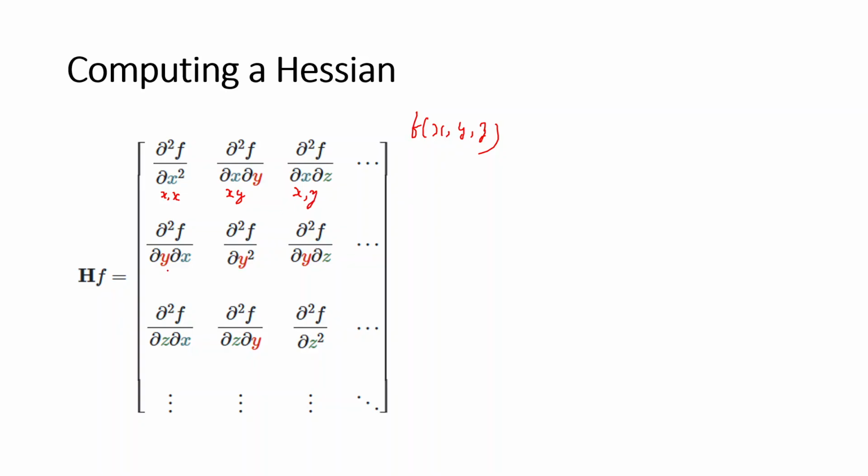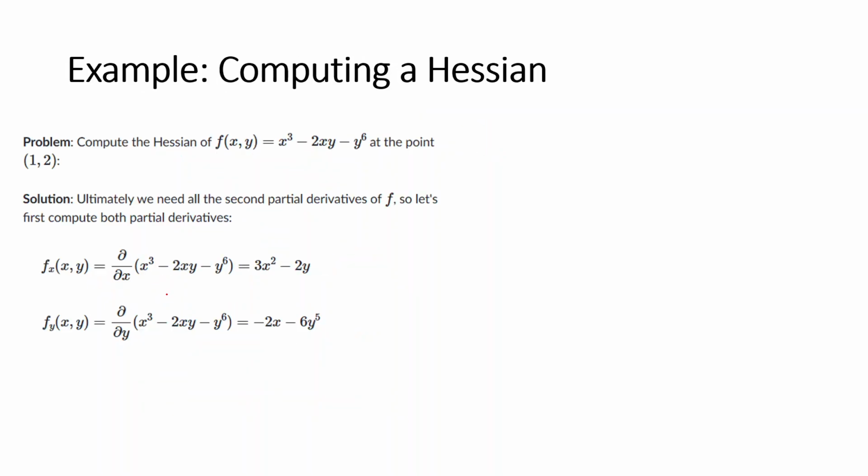Similarly, the second row will be y with x, y with y, y with z. It keeps continuing for all the variables we have.